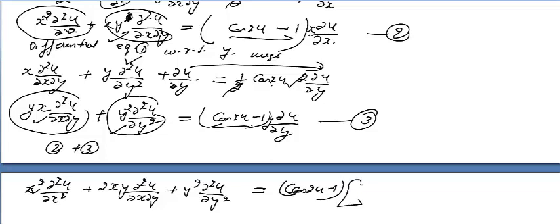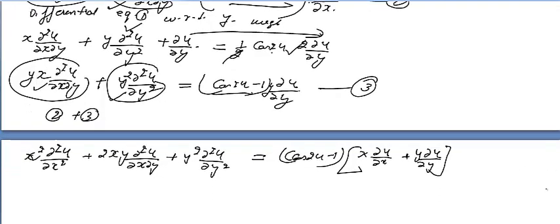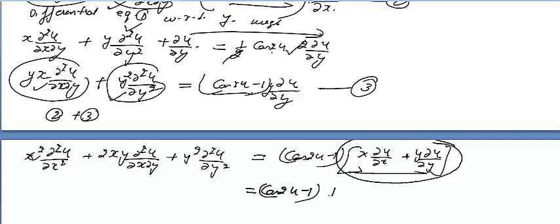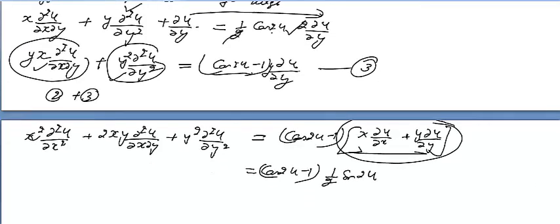So what is left? x ∂u/∂x plus y ∂u/∂y, and the same thing you are getting here. This value already you have done it, cos 2u minus 1. So value of this is 1/2 sin 2u. Now I have to solve the right hand side.